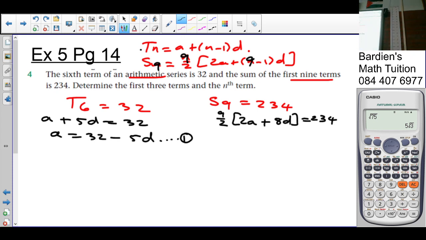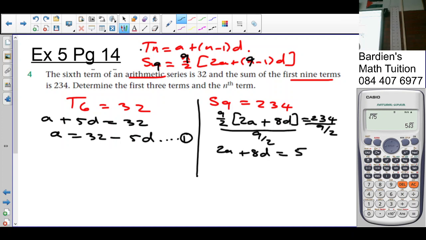Divide by 9 over 2 both sides. So it will be 2A plus 8D equals 52. As you can see, 2 is a common factor. I can divide throughout by 2, not so? So it's then going to be A plus 4D equals 26 in this equation.